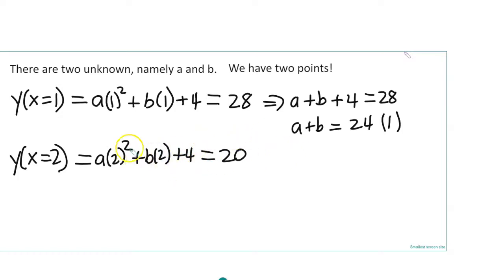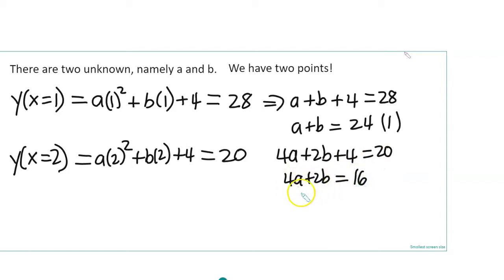So 2 squared is 4, we get 4a plus 2b plus 4 equals 20, and subtracting the 4, 4a plus 2b equals 16. We can make this simpler, because everything's a factor of 2. Divide by 2, that's 2a plus b equals 8.